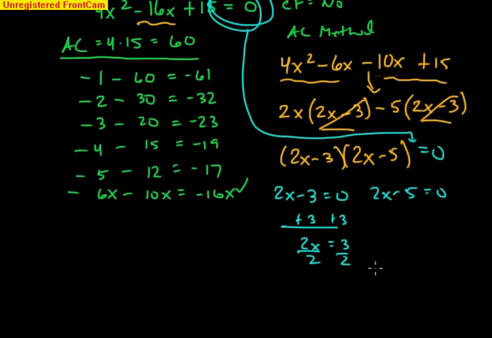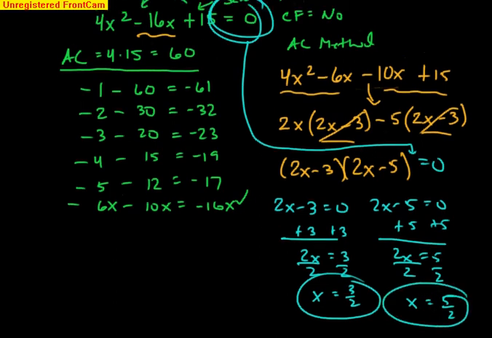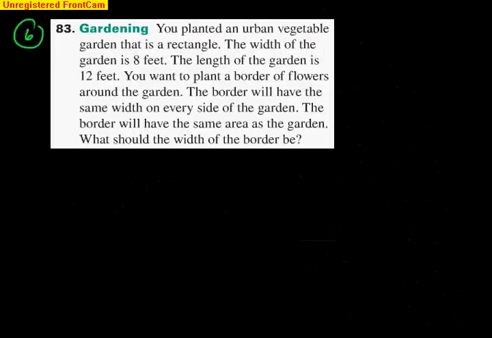Divide by 2. x is 3/2. Over here, add 5. Divide by 2. And x is 5/2. So here are the two zeros for this function, 3/2 and 5/2. And this is an example of the AC method.